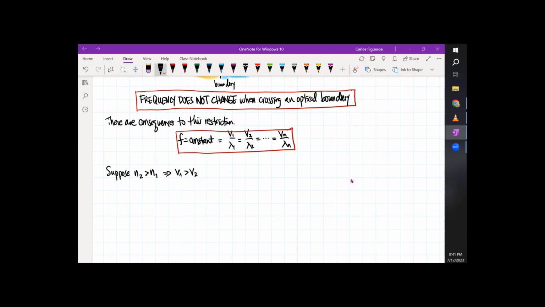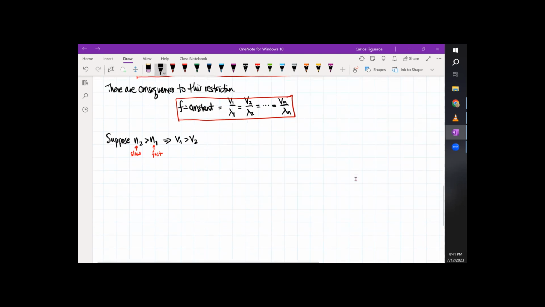If you have a higher index of refraction, light interacts more strongly with the charges in the medium, and therefore its apparent speed slows down. So picture-wise, this here is the fast medium, and this guy is the slow medium.